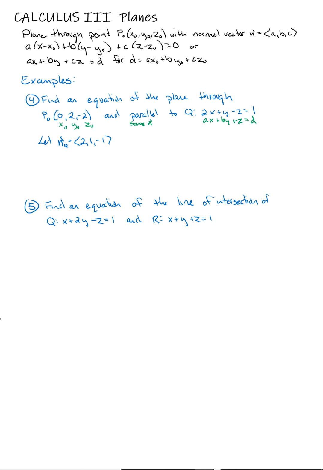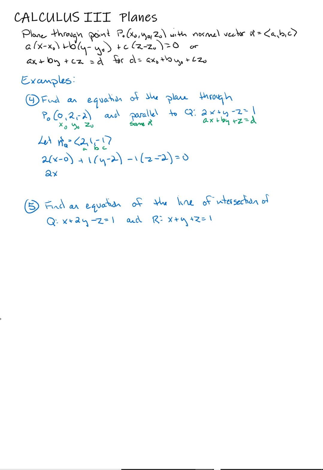How do we find the equation of a plane? Well, again, this is A, B, and C. So we'll have 2 times (x - 0) plus 1 times (y - 2) minus 1 times (z - (-2)) is equal to 0.